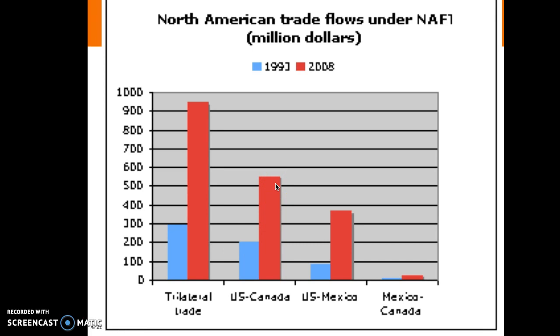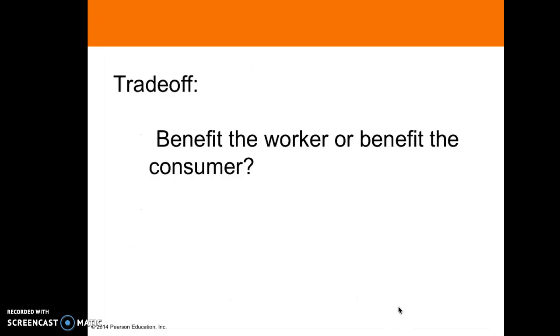U.S. and Mexico, look at that increase, from under $100 million in trade to almost $400 million. Mexico and Canada definitely increased their trade, but not as much as the U.S. did with Canada and the U.S. did with Mexico. And so if you look at overall trade dollars flowing between countries, the United States is the clear beneficiary of NAFTA.